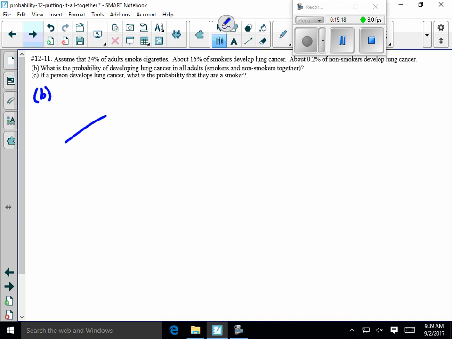So first, we have a person may smoke, or they may not smoke, the complement of smoking. And it says 24% of adults smoke cigarettes, so this probability would be 0.24. And if I took that and subtracted from 100%, the other 76% would therefore be non-smokers.